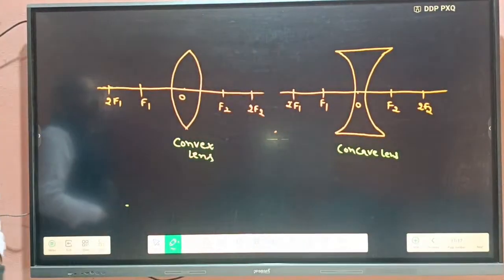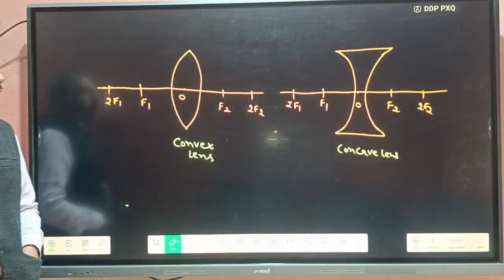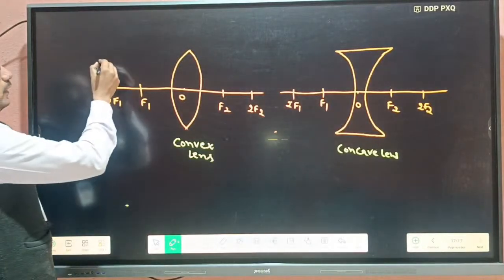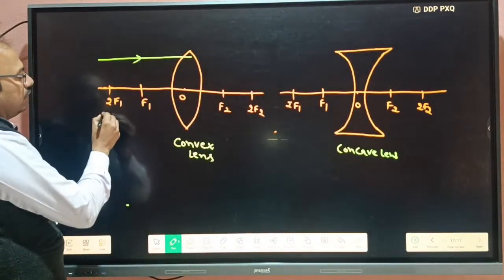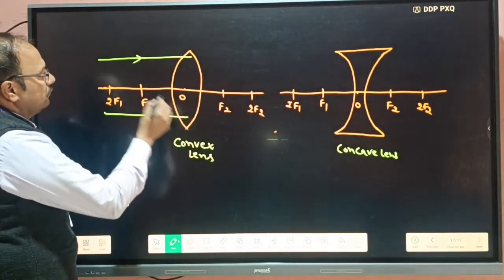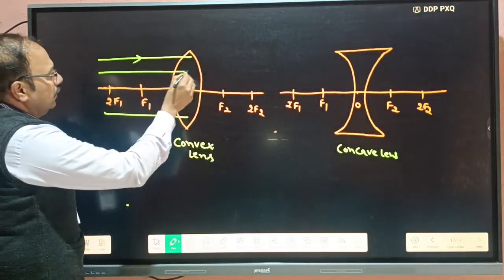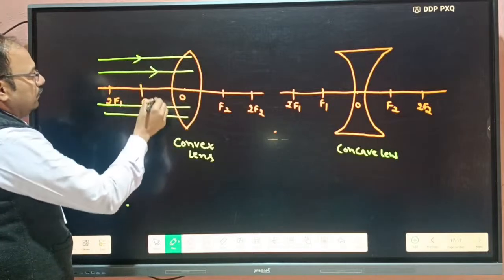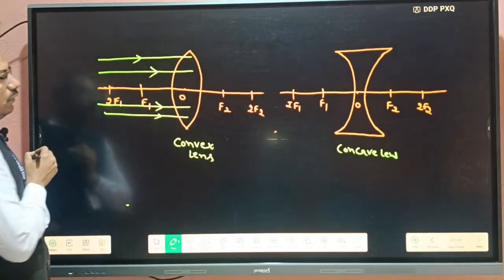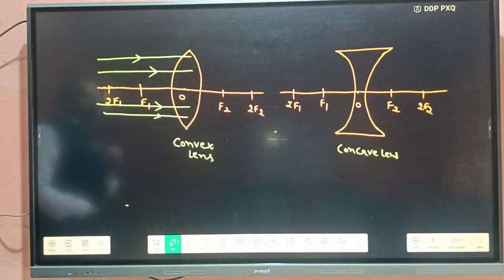Okay, so we take here parallel rays. So these are rays which are coming parallel from an infinite distance like this. Okay, so when they pass through the lens, they are refracted and they pass through the focus.